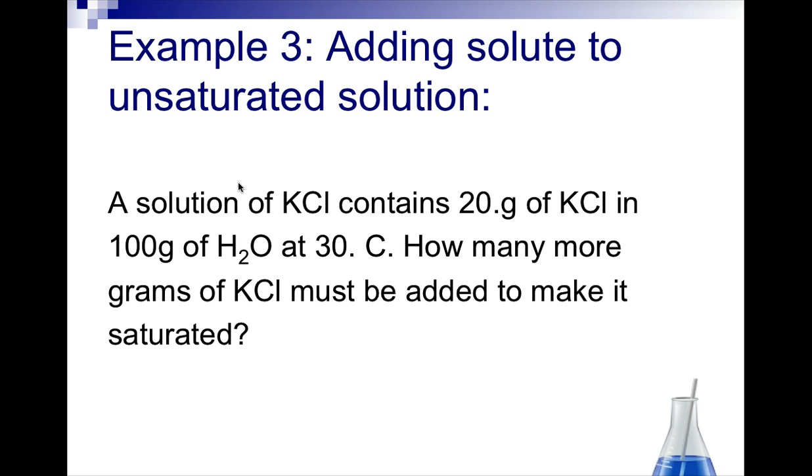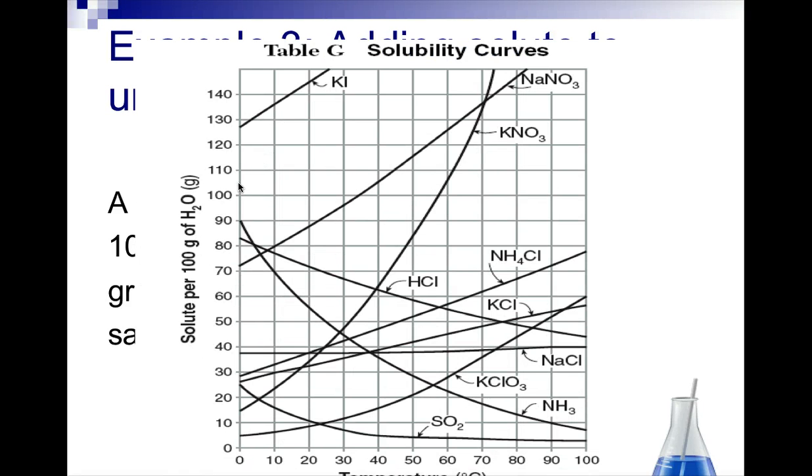So now if we're adding a solute to an unsaturated solution, so if we have a solution of potassium chloride that contains 20 grams of potassium chloride in 100 grams of water at 30 degrees Celsius, how many more grams of potassium chloride must be added to make it a saturated solution? So here we find 20 grams at 30 degrees Celsius, so we are definitely an unsaturated solution for potassium chloride.